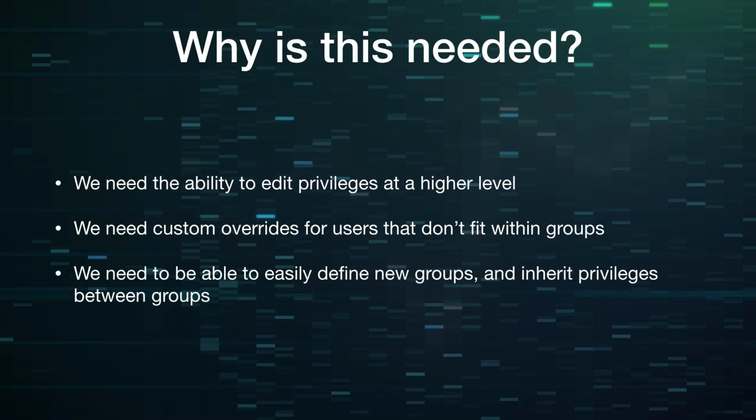It also makes it really easy to define new groups and inherit privileges between groups. Maybe there is a reason you want a new janitors group or a new group for a new type of person, but most of that work has already been done in another group. We would be able to inherit most of the privileges and then set the default group overrides that way.